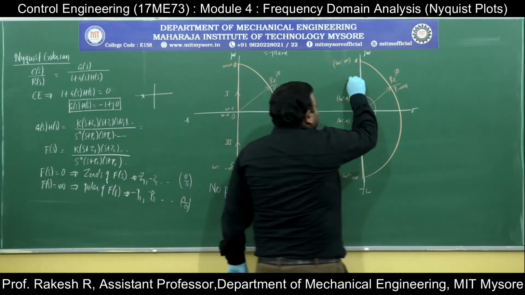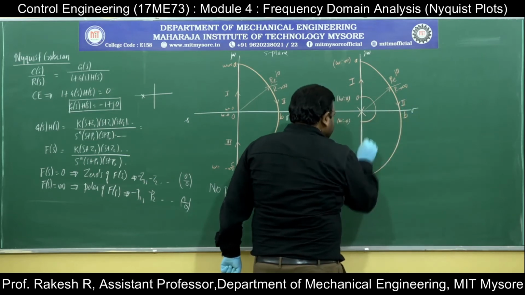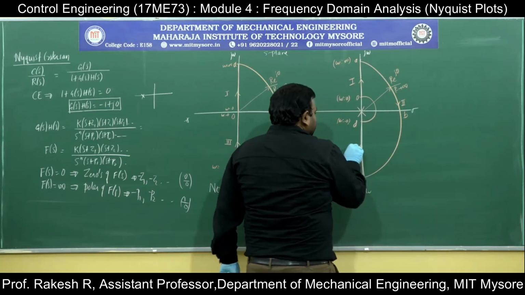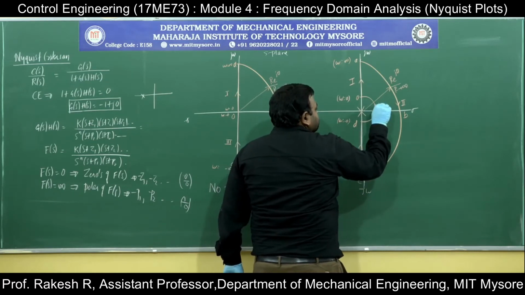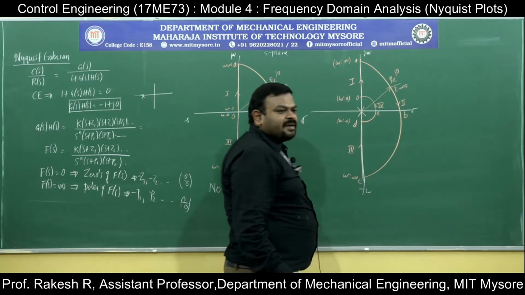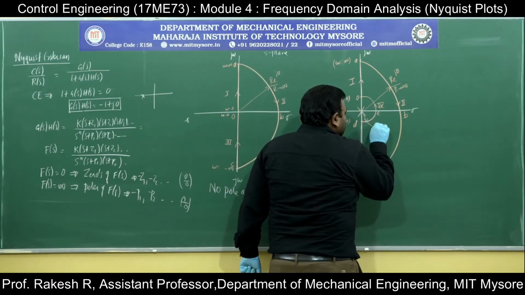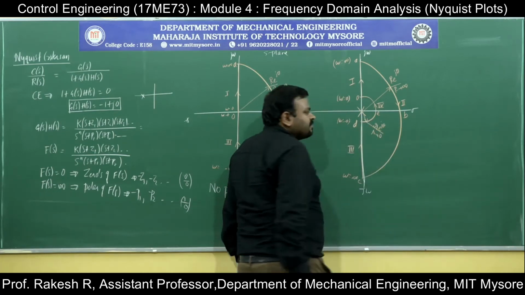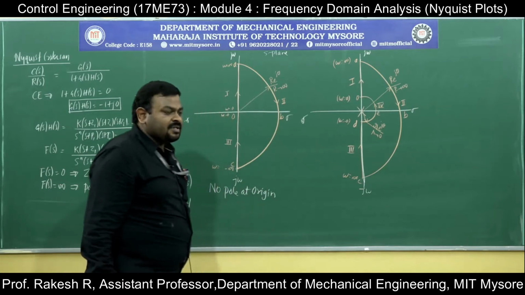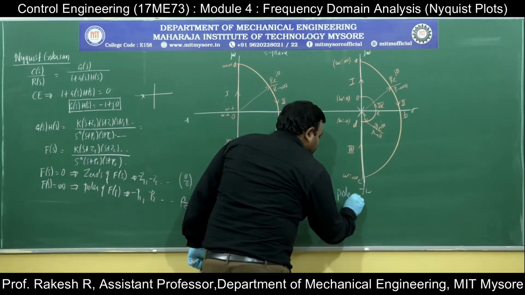So this is the first segment OA, second segment ABC, third segment CD, and fourth segment DEO. And the fourth segment radius is infinitesimally small, equal to small r e to the power of j theta, where r tends to 0.